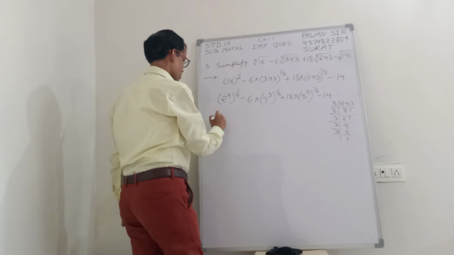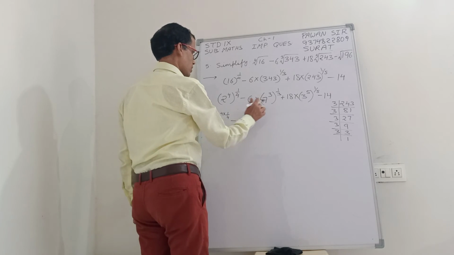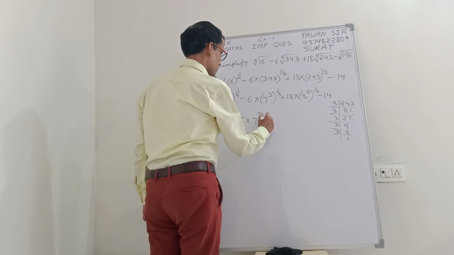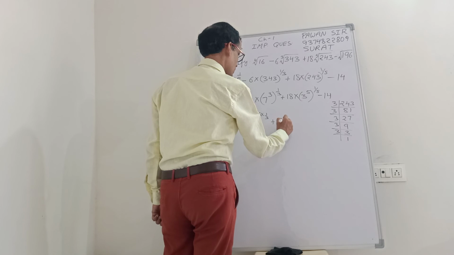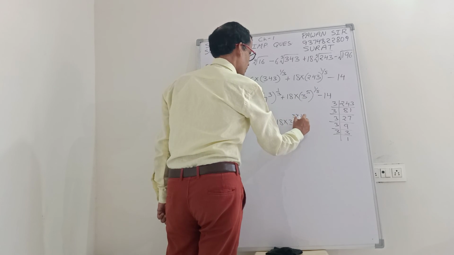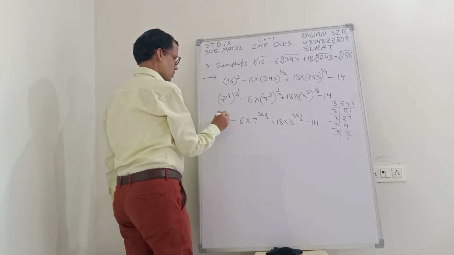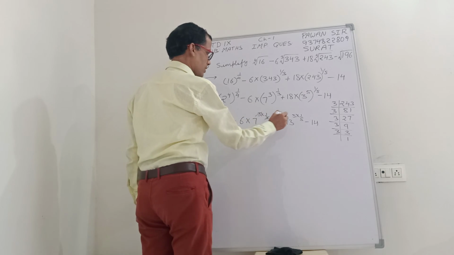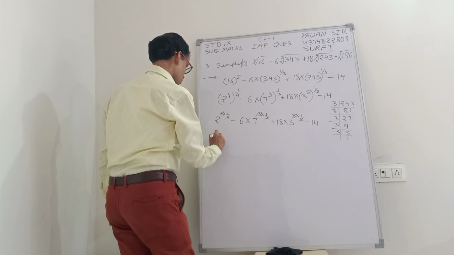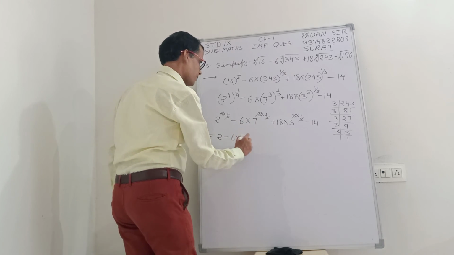Now see, this is your 2 power 4 into 1 by 4. This one, 7 power 3 into 1 by 3. Multiply the power 5 and 1 by 5, minus 14. So 4 and 4, this will cancel. 3 and 3, 5 and 5. So what we get here, this is equal to 2 minus 6 into 7.